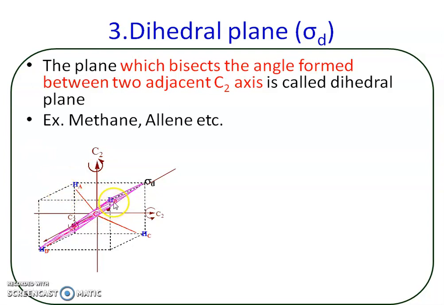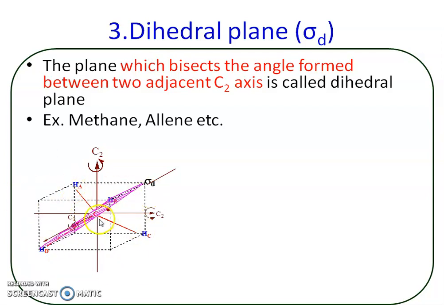Here the positions of HB, carbon, and HD remain the same because these three atoms lie in the plane. But HA and HC get reflected through this plane and their positions are exchanged. HA will come down and HC will come up.